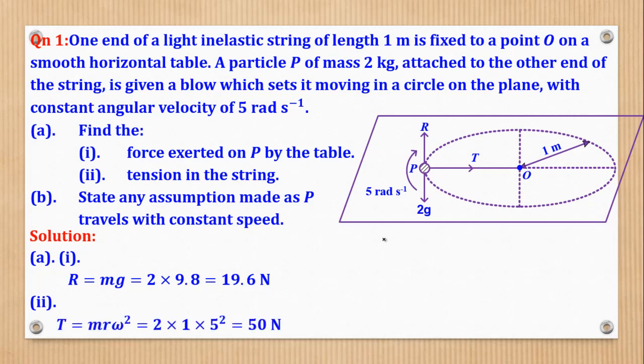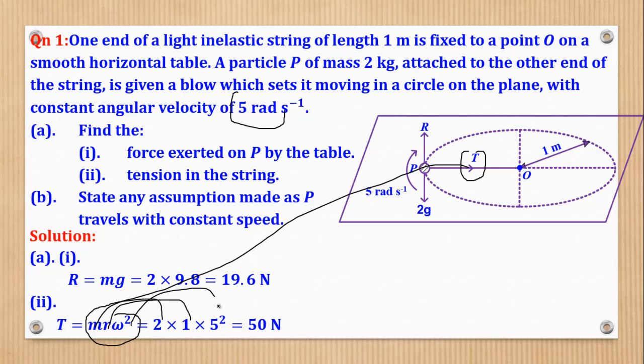So there we know that this one is towards the center, so it provides the necessary centripetal force. We are using mr omega squared because in the question you are given angular velocity. If we are given linear velocity, we would have used mv squared over r. So substitute for m, for r, and for omega squared to give you this as the answer.